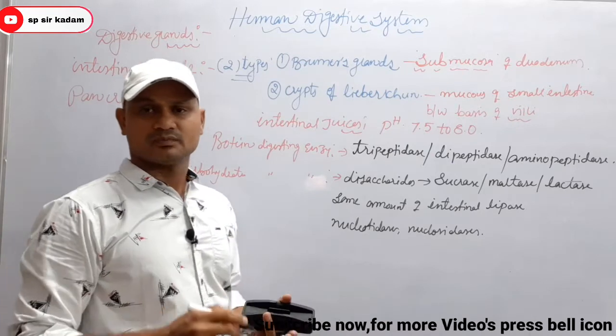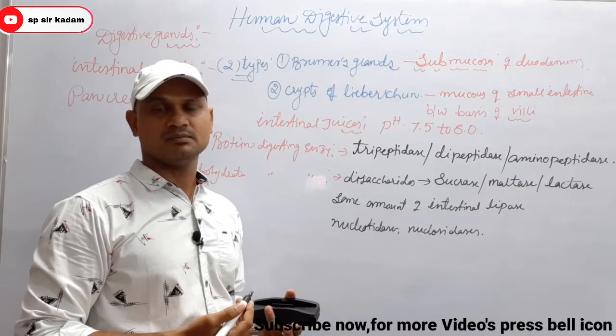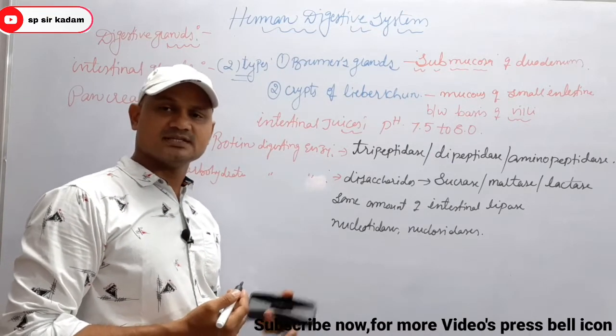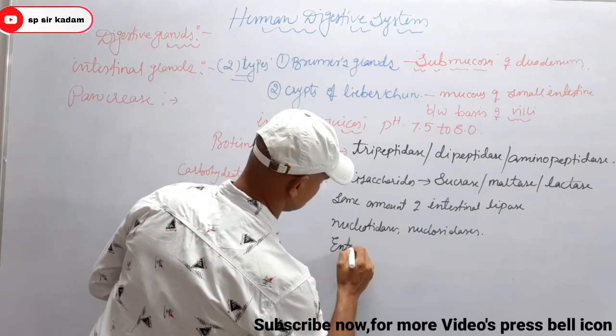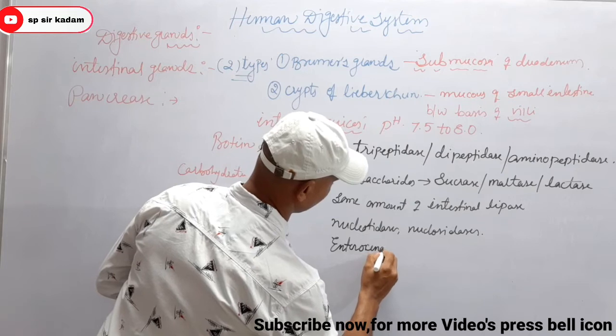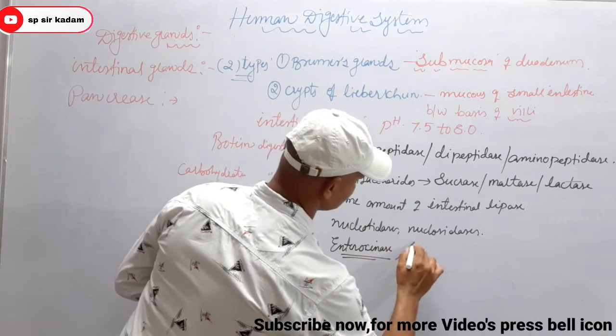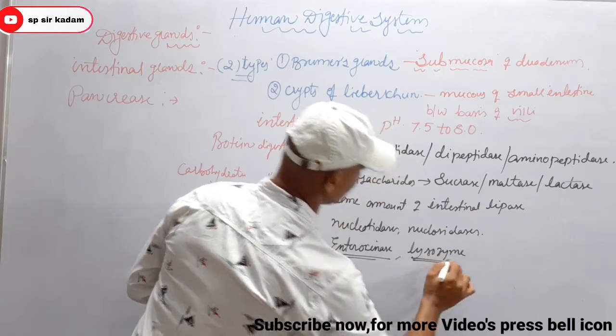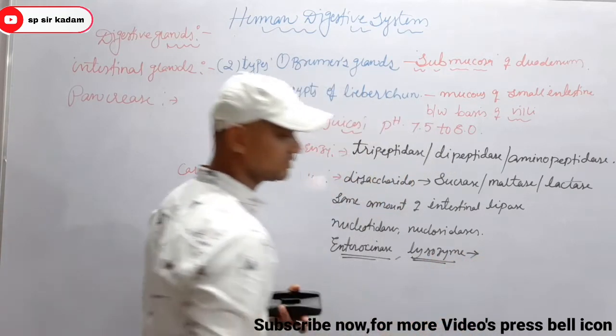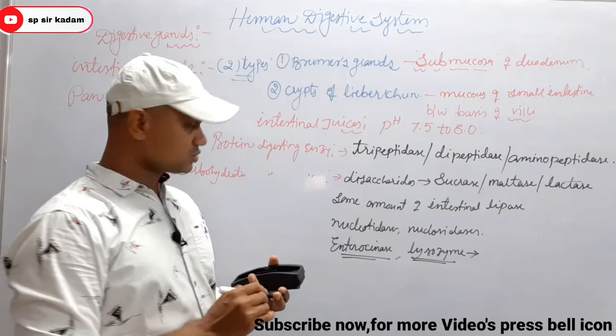Then enzyme activator. What is the name of the enzyme activator here? Enterokinase, and the presence of lysozyme also. We know the function of lysozyme, which kills the bacteria.